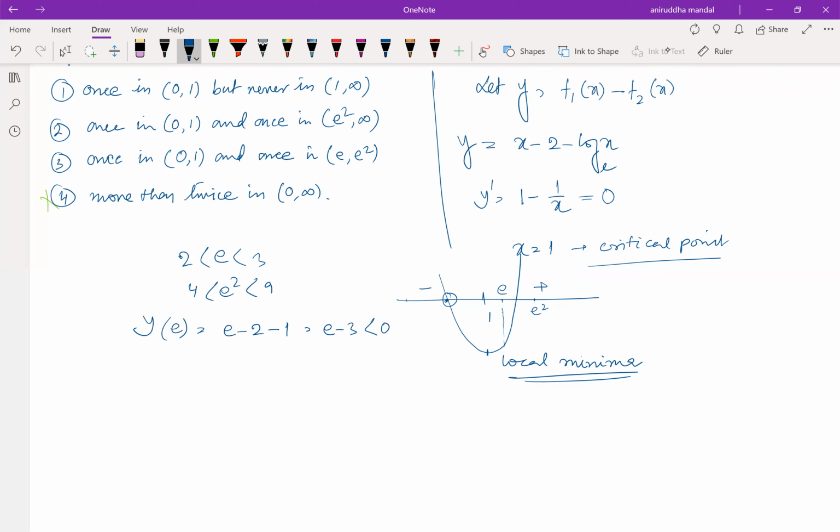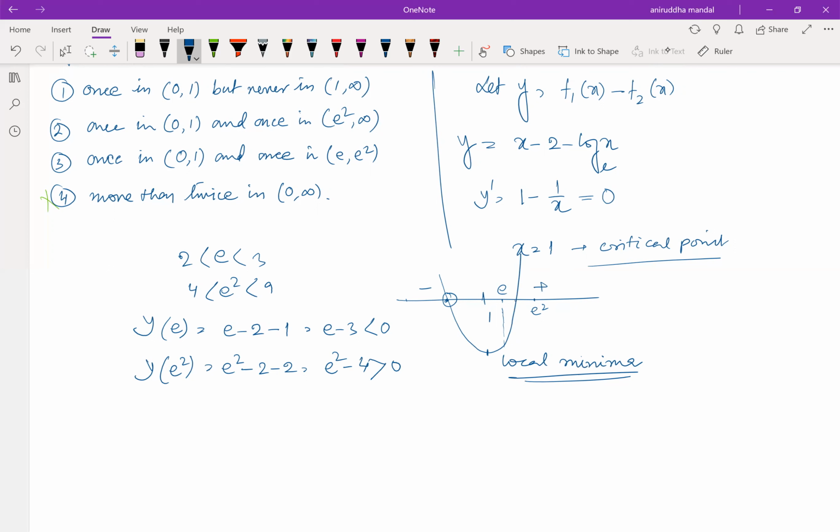And y(e square) is e square minus 2 minus 2, which means e square minus 4. So e square minus 4 is positive. So the function at point e is negative and at point e square is positive.